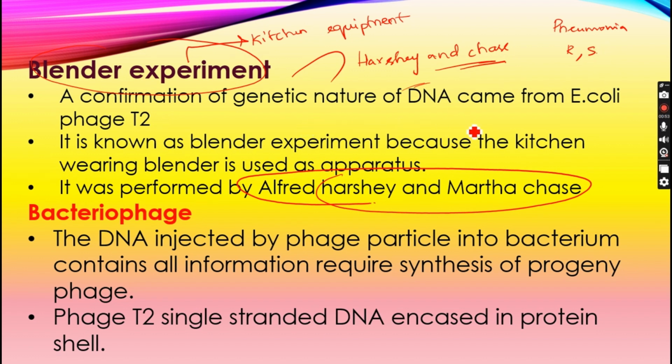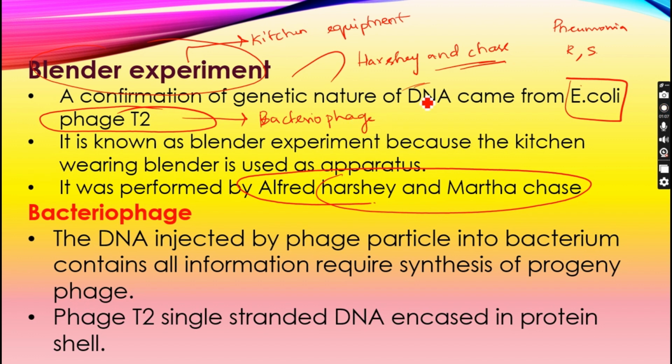Here the main components to be used are E. coli and phage T2, a virus, a bacteriophage. The phage and the E. coli bacteria are used to provide evidence to identify DNA as a genetic material. It is going to be a confirmation experiment.